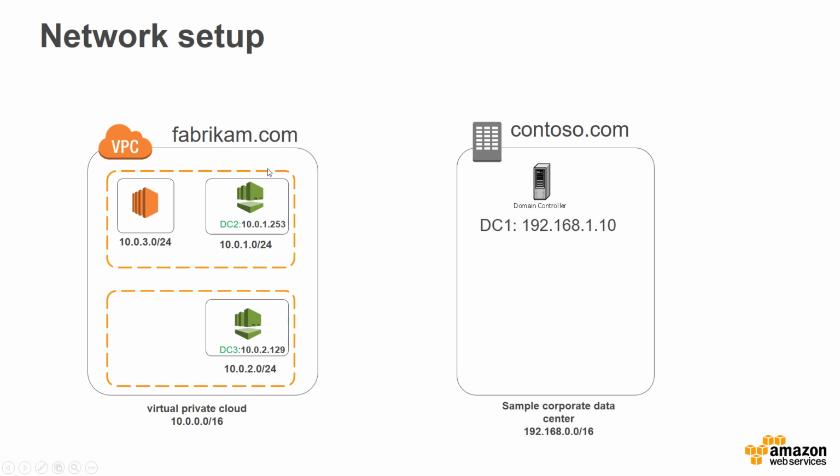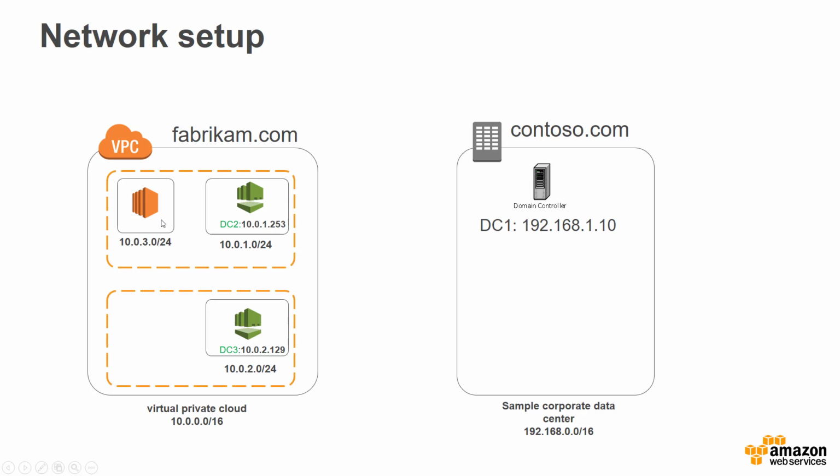In one availability zone, I have set up a managed version of Microsoft Active Directory. And in the second subnet, I have set up another managed version of a domain controller. And in the third subnet, I have created an EC2 instance.